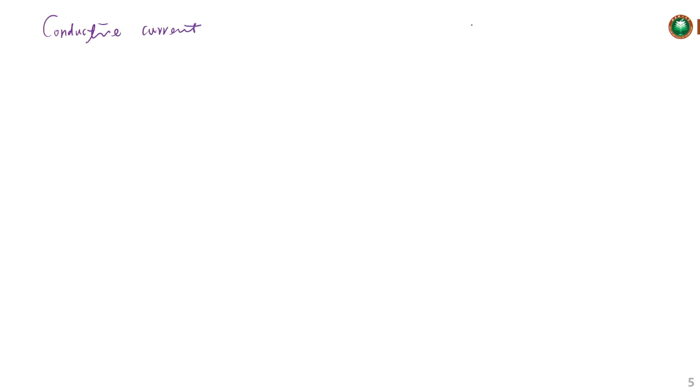Another kind depends on electric fields. The conductive current means there is time varying current flowing in the antenna, and as we all know, time varying current is going to radiate electromagnetic waves.